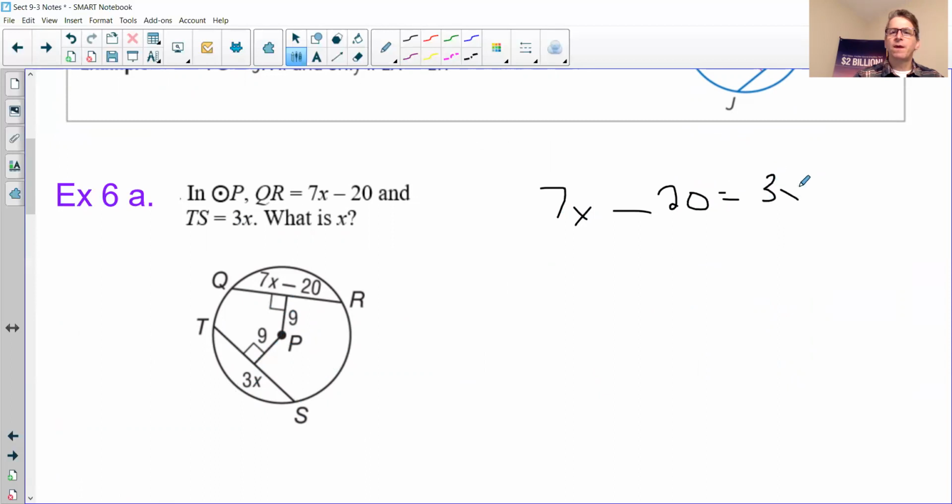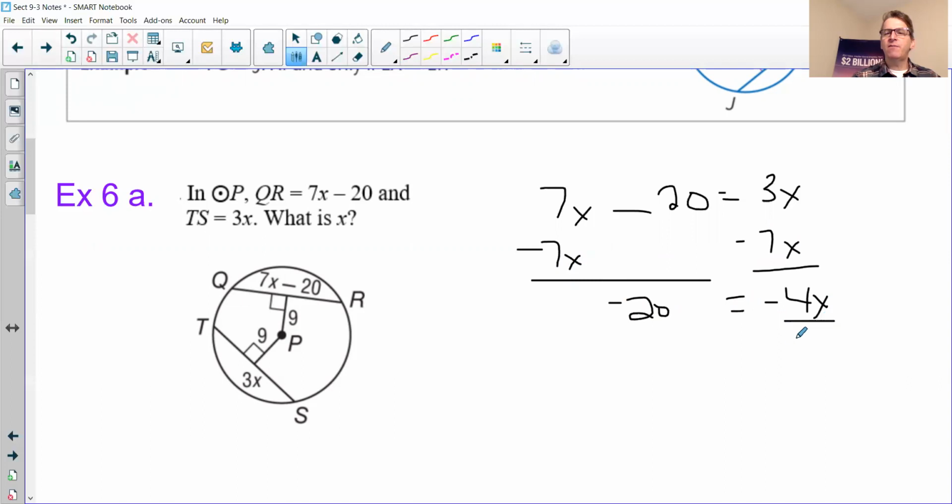By subtracting 7x from both sides, you would have minus 4x is equal to negative 20. And by dividing by negative 4 on both sides, you're going to have x is 5.